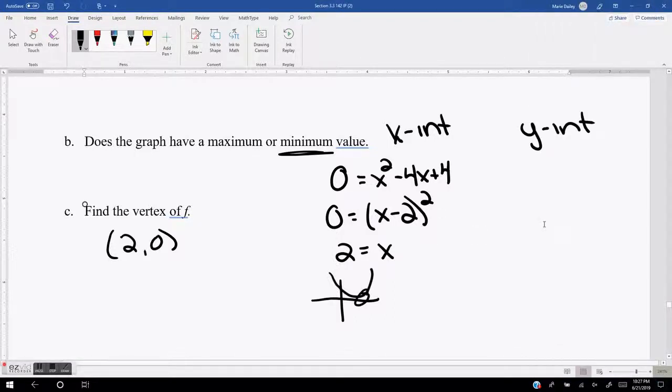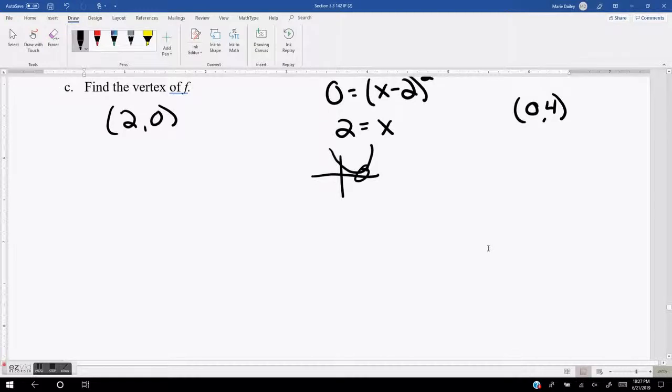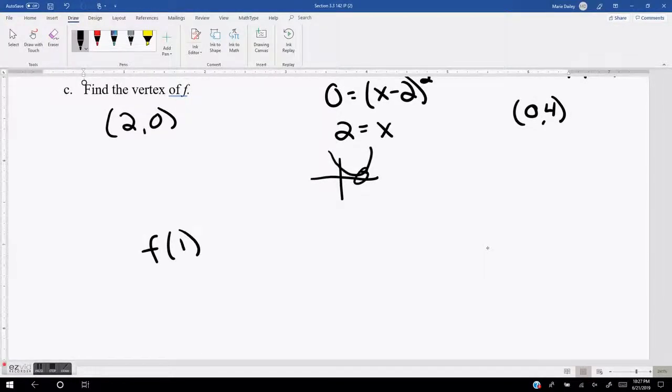Fortunately for us, everything always has a y-intercept, so all we have to do is plug in x equals 0. So this gives me 0 squared minus 4 times 0 plus 4. Well, that's 4, so that's going to be the point 0, 4. So we have 2 points now. Let's plug in a couple more. I'm going to plug in f of 1, f of negative 1.